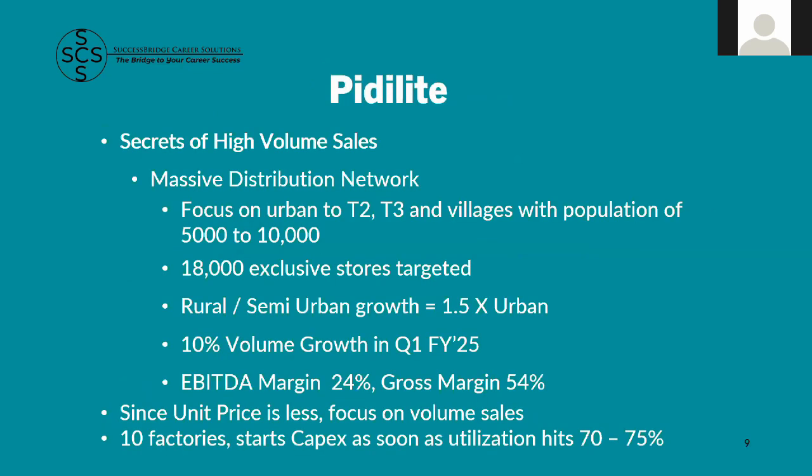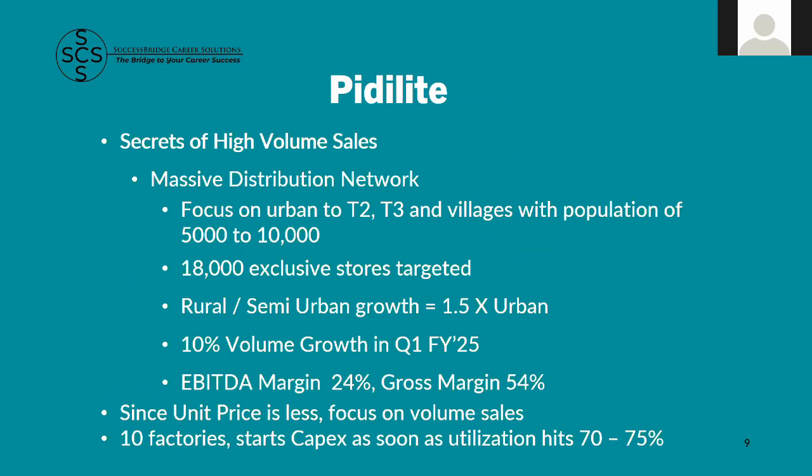So next is Pidilite, the makers of Fevicol. Their secret of high volume sales is also their massive distribution network with particular focus on urban to tier 2 and tier 3 towns and also villages with a population of 5,000 to 10,000 people.